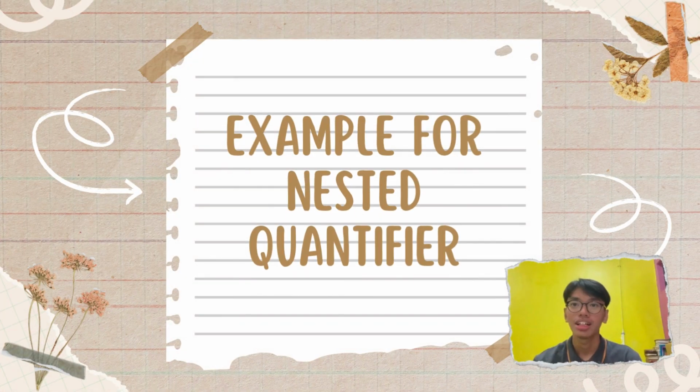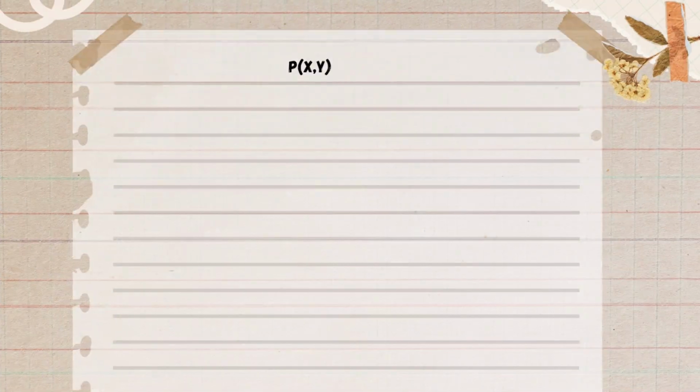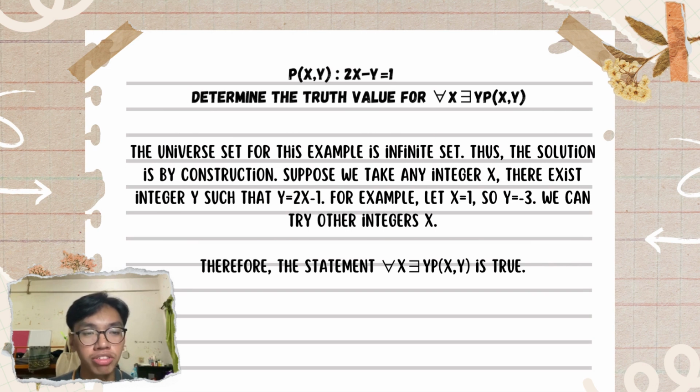So now guys, let's go to an example for nested quantifiers. Now we have P(x,y) for 2x minus y equals 1. We need to determine the truth value of for all x, for some y, P(x,y). The universe set for this example is an infinite set. Thus, the solution is by construction.